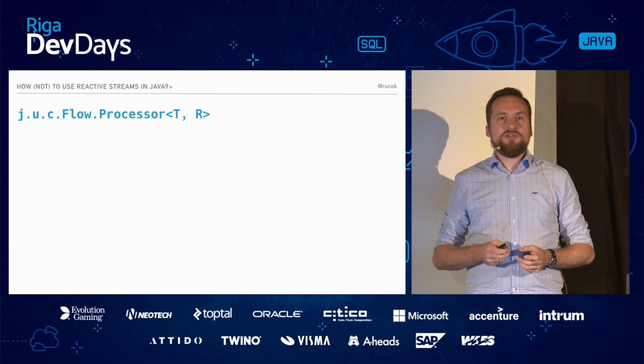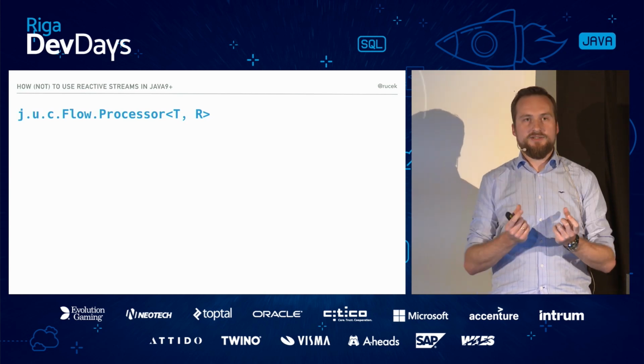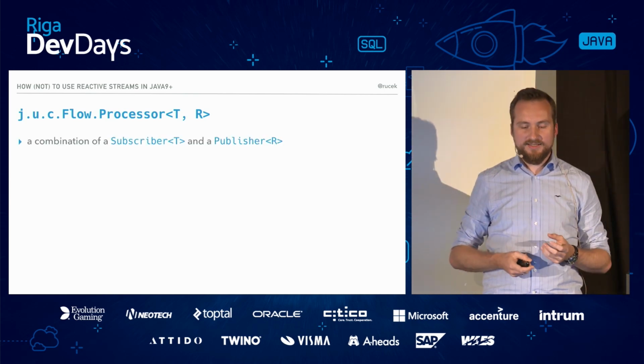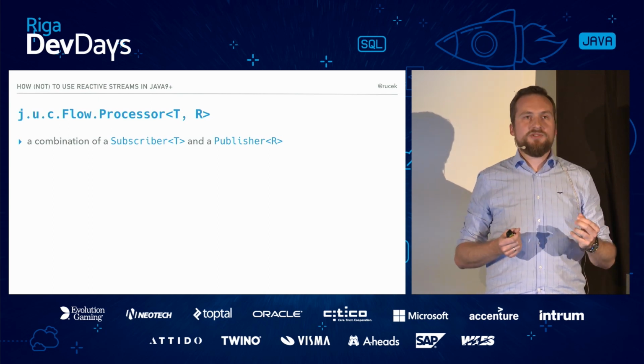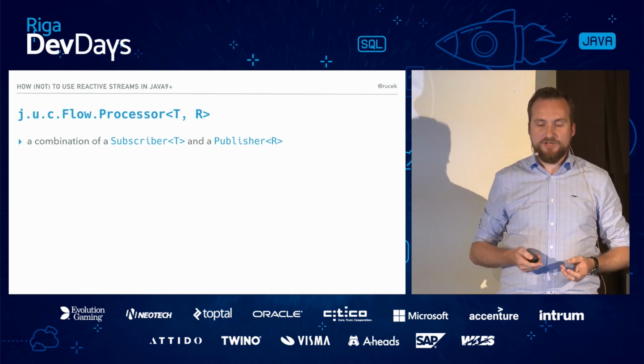There is also something called a Processor. Processors, as you may remember from the initial slide, are the intermediate parts of the pipeline which do the actual data processing. A processor is nothing more than a combination of a subscriber and a publisher. It implements those two interfaces and exposes both behaviors.